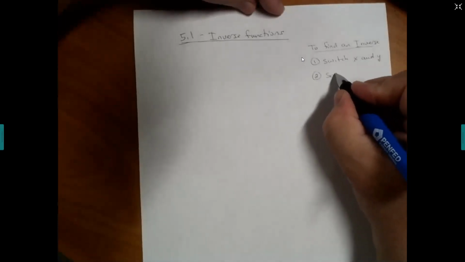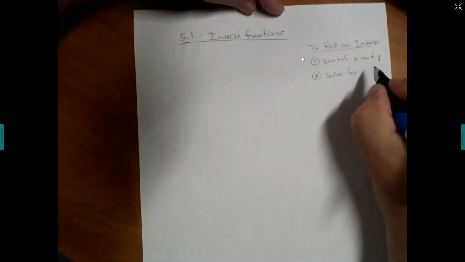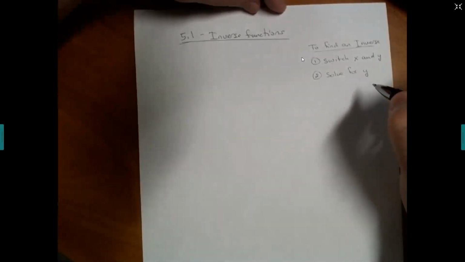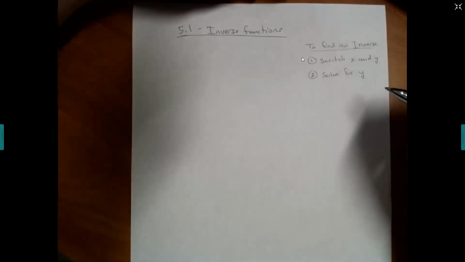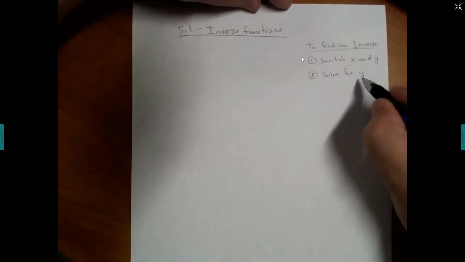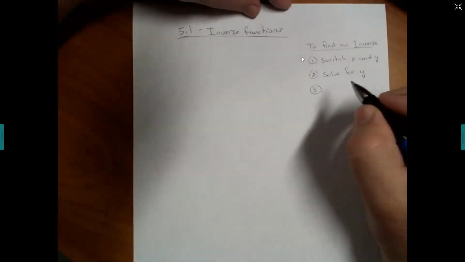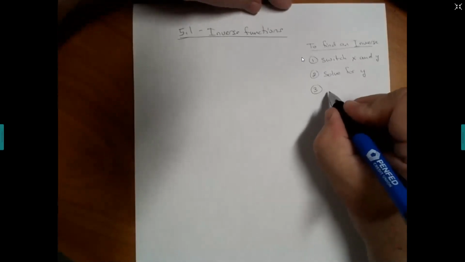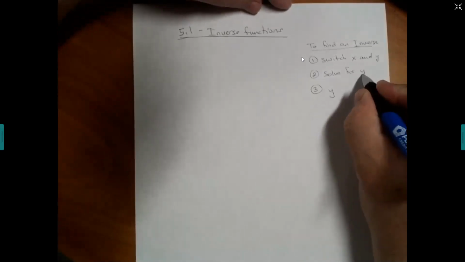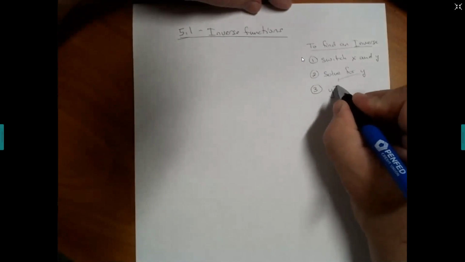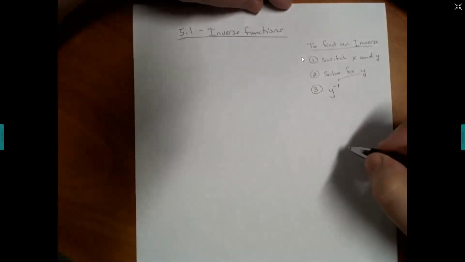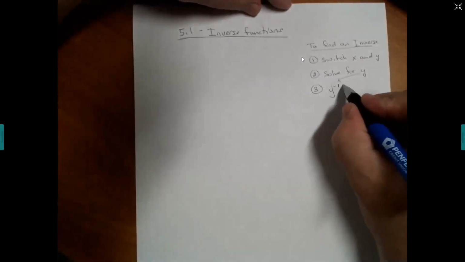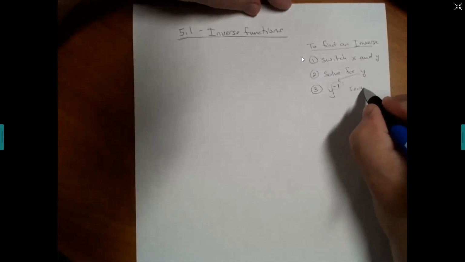And then solve for y. That's the procedure. Switch your x's and y's and solve for y. Once you finish that equation, it is now the inverse. Your y value is now going to have that symbol. This means inverse.